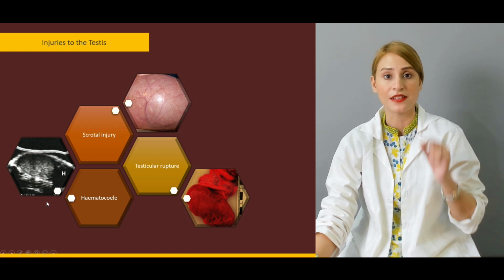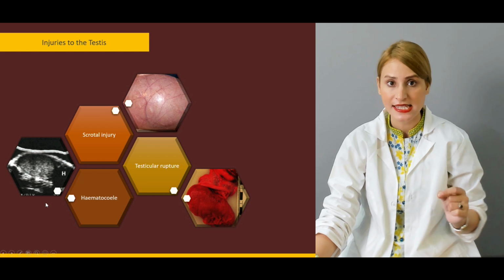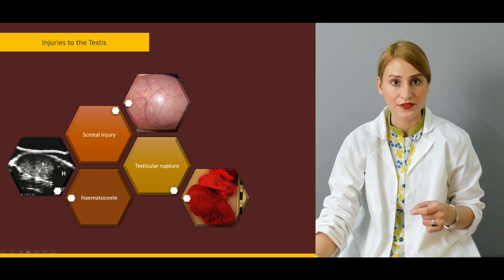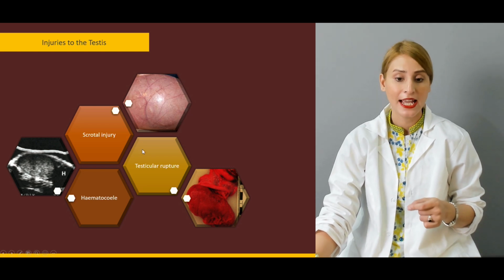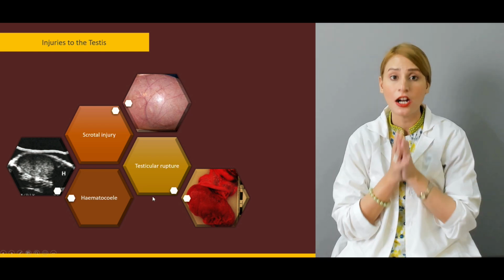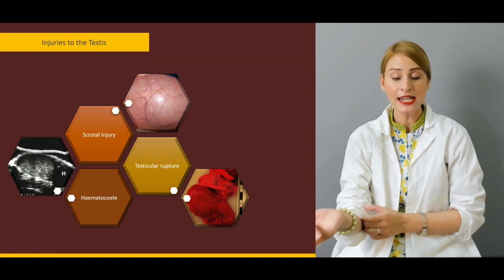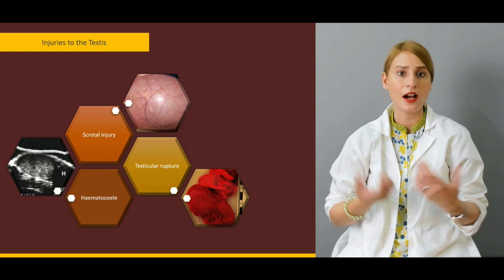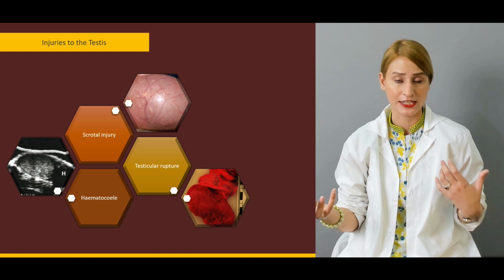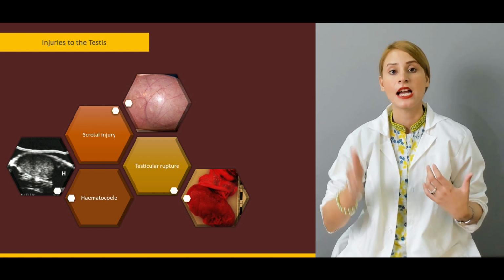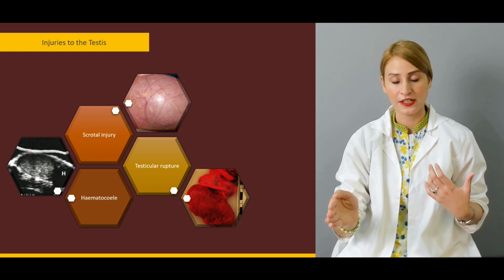Because ultrasound is the gold standard, and it is very sensitive and very specific to see where the hematocele or the hematoma is. If there's a testicular rupture, urgent surgical exploration is recommended, right? Because a testicular rupture will obviously lead to infertility. So it is very important to go for surgical exploration.